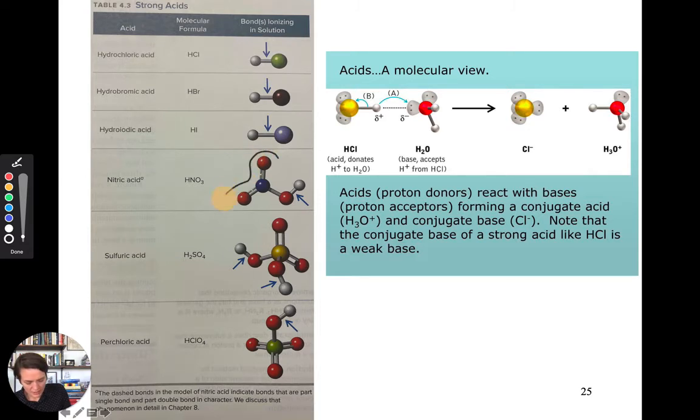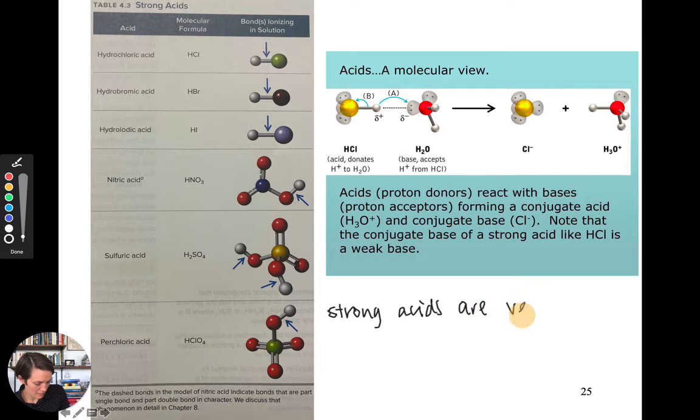So we're used to seeing these species from our polyatomic ion list. And the reason why we're used to seeing them as ions is that they're very stable.